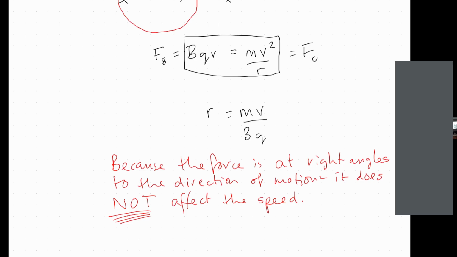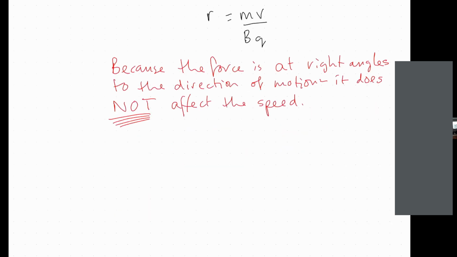This comes up occasionally when we've got a mass spectrometer. So you've got a velocity selector which selects just one speed, and I'm going to do that in a minute. The particle of that speed enters a magnetic field, and it bends it round, and it's like, well, what speed does it come out at?